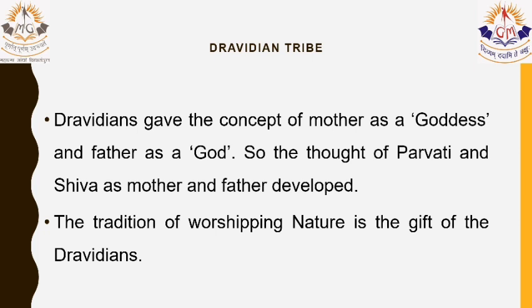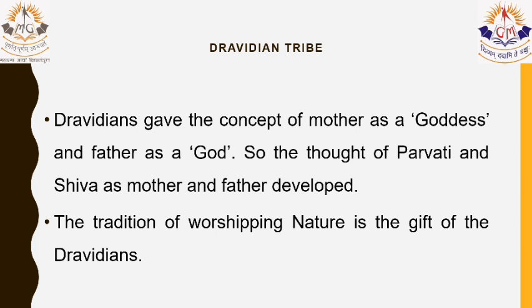So by continuing the concept of mother as goddess and father as god, the thought of Parvati and Shiva as mother and father, or as god and goddess, developed from here. So now they worshipped Parvati as a goddess and Shiva as a god.